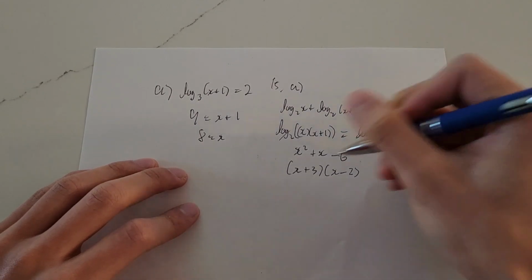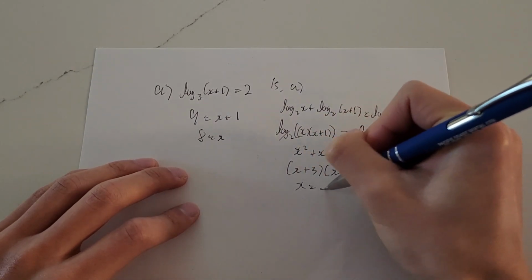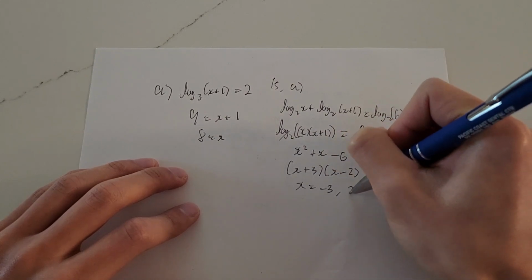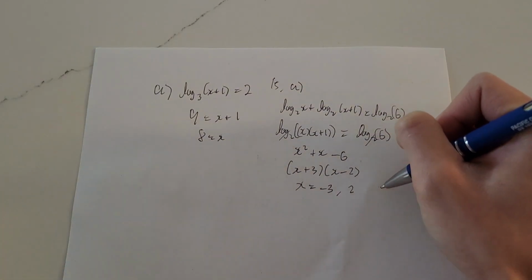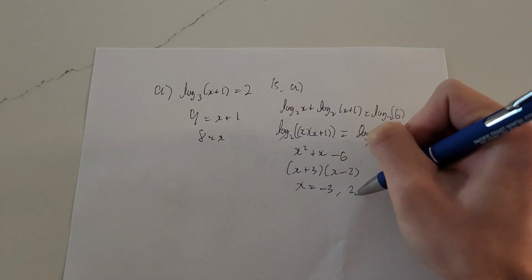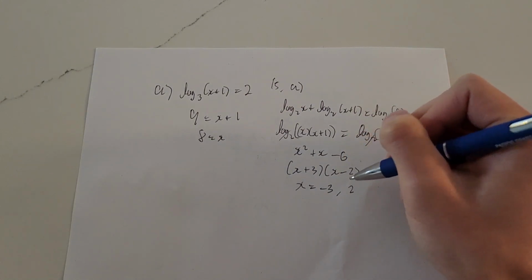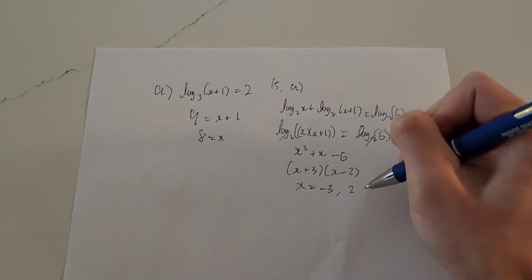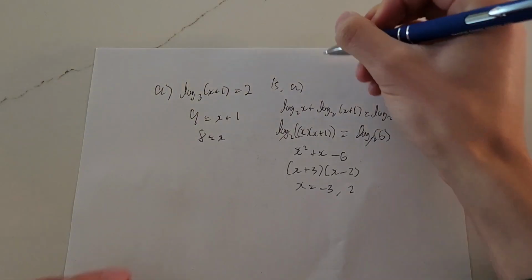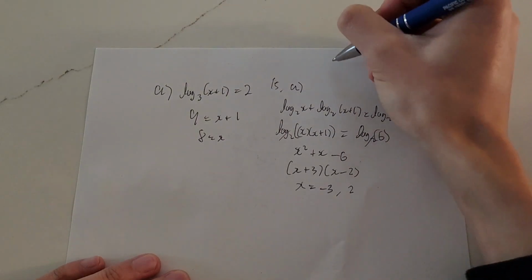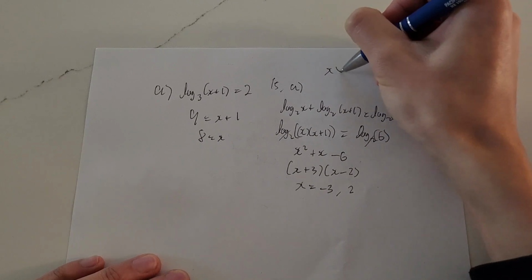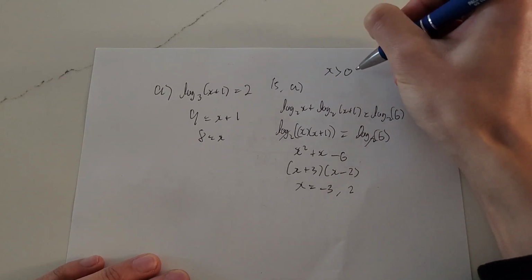And there you have it. This is in factored form, and possible answers are x is equal to -3 and x is equal to 2. Since we have these two possible answers, we have to make sure that these solutions actually work. As we know, the domain of logarithms is that x must be greater than 0, always.